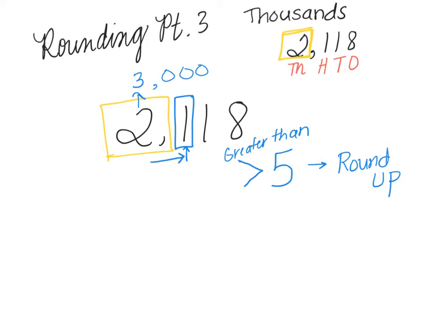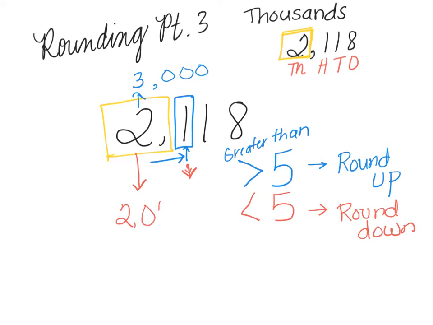But if this digit right here is less than 5, then I would round down, to the lower end of the spectrum, which would be 2,000.